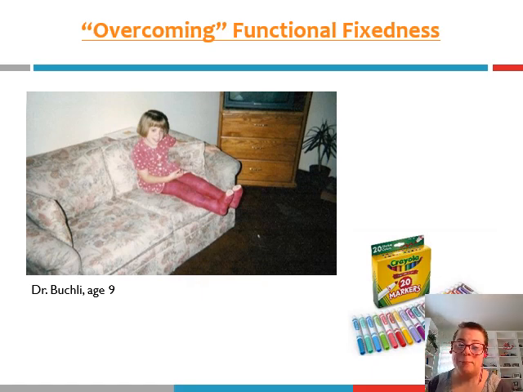And the other example I wanted to give you of overcoming functional fixedness is a personal example of mine. As I think some of you know, I have a disability. The disability that I have is cerebral palsy. Basically there are many different subtypes of this particular disability.